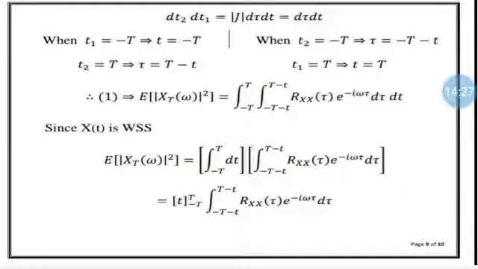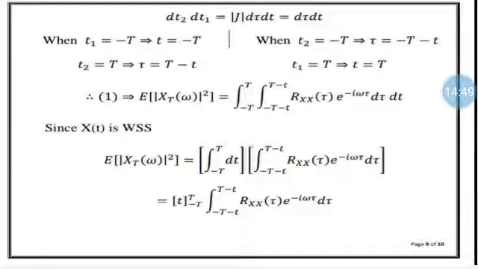Therefore, the expected value of the modulus of X_T(omega) the whole square equals, substituting the values in equation 1, the integral from minus T to T, integral from minus T minus t to capital T minus t, of Rxx(tau) into e power minus j omega tau d tau dt.